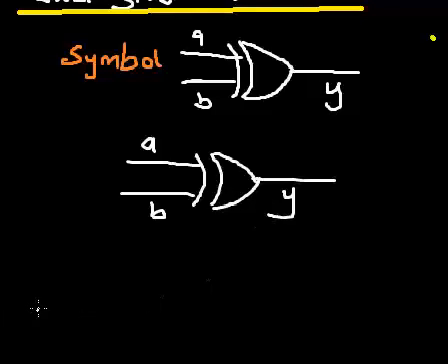Now, the truth table of the exclusive OR gate is what I want to write now. So let's look at the truth table.